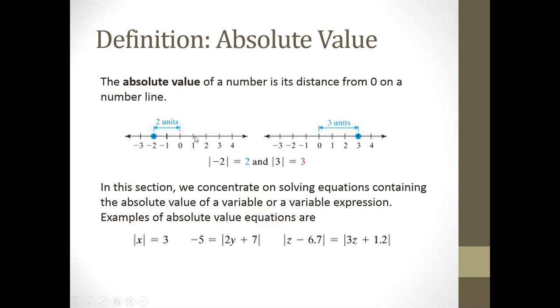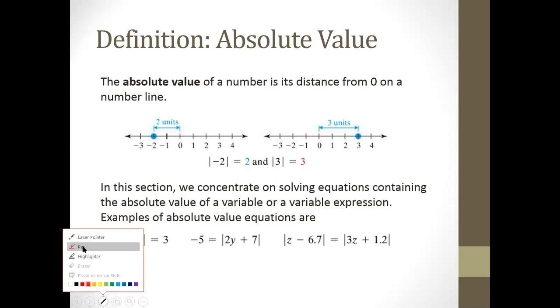In the graphs in front of you, you see a point at -2 and a point at +3. If you're asked to find the absolute value of -2, you want to plot that point -2 on a number line and determine how many units away from zero that number is.